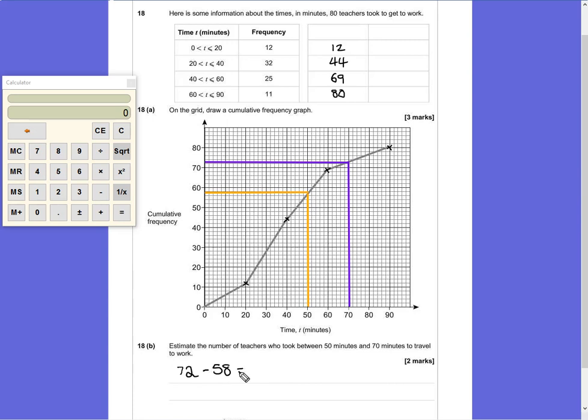The difference between these two groups will tell us how many people lie in between these two values. 72 subtract 58, and we have 14 people. So according to this graph, as a rough approximation, there are 14 teachers who would take between 50 and 70 minutes.